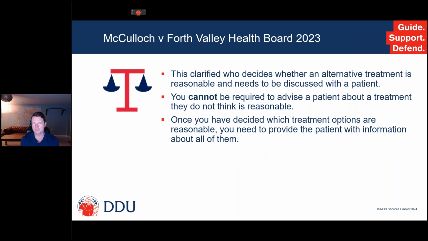Helpfully, last year there was a further judgment, McCulloch versus Forth Valley Health Board, which clarified whether alternative treatment options need to be offered or explained, or the patients need to be made aware of treatment options.